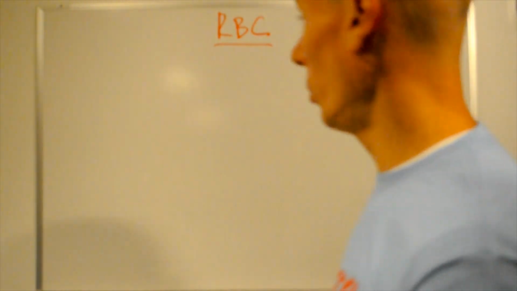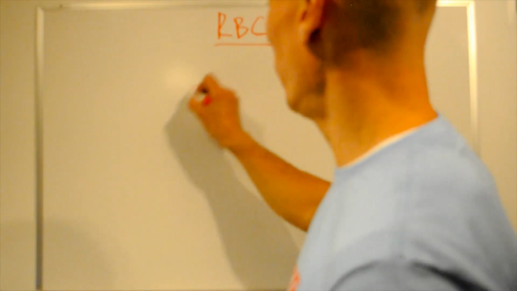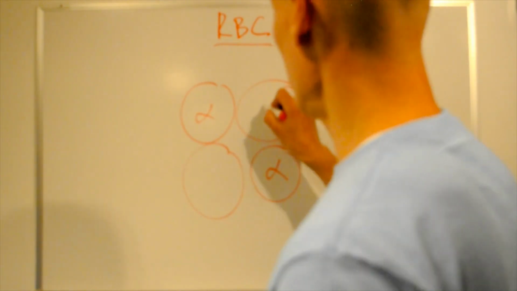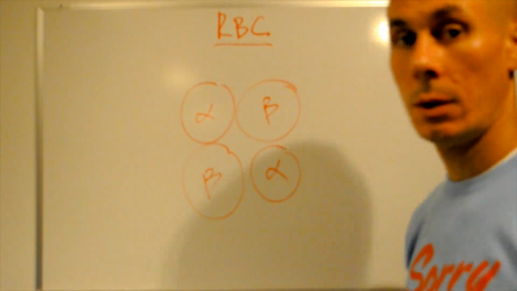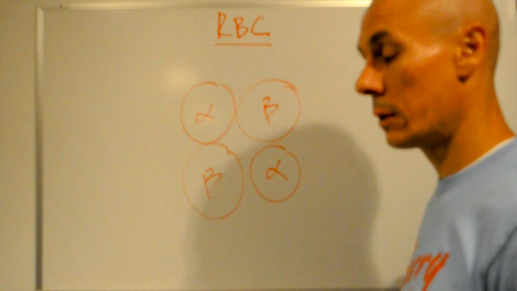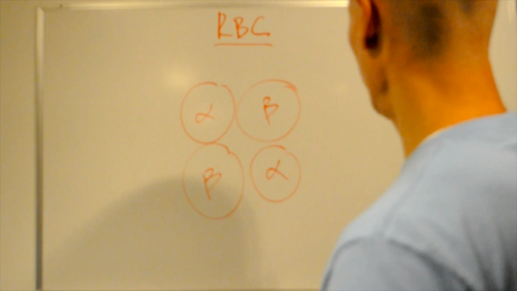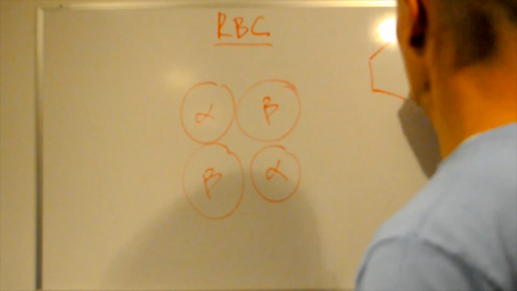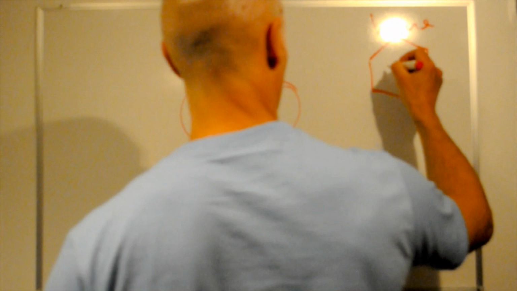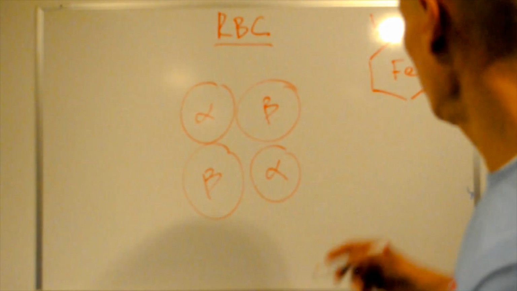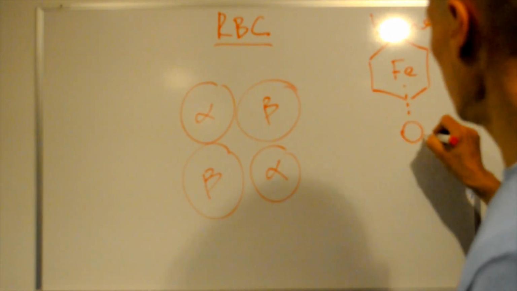Right, so red blood cells. Red blood cells contain protein called hemoglobin, which consists of 4 big subunits, 2 alpha subunits and 2 beta subunits. Each subunit of hemoglobin contains an organic molecule called heme, and inside of that molecule of heme, there is iron. That iron can bind a molecule of oxygen.